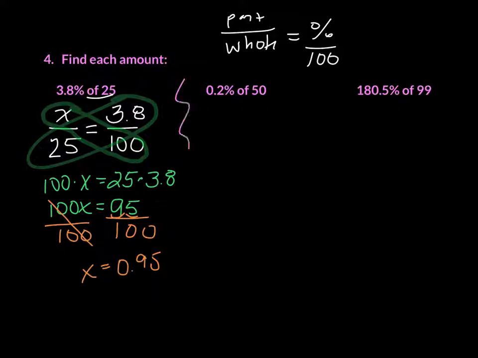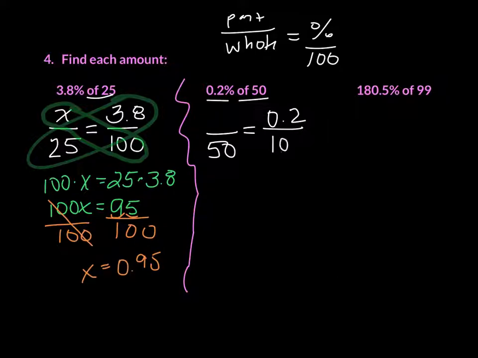Okay, next problem. Like I said, with these, just because they're so straightforward, I really like using my percentage proportion. So they're giving me the percent and the whole. So here's my 50 on the bottom. The percent is 0.2, always out of 100.